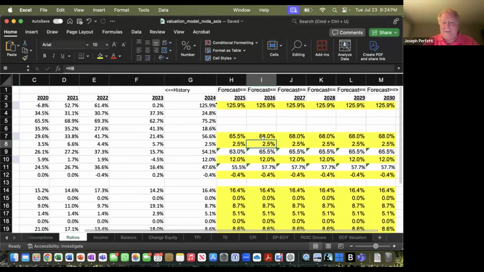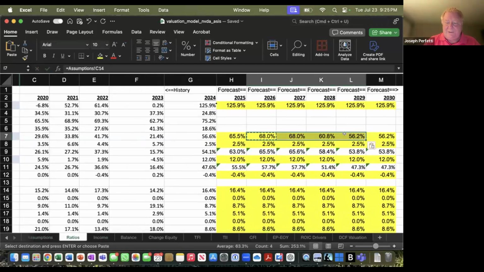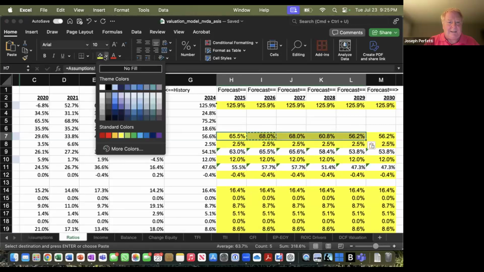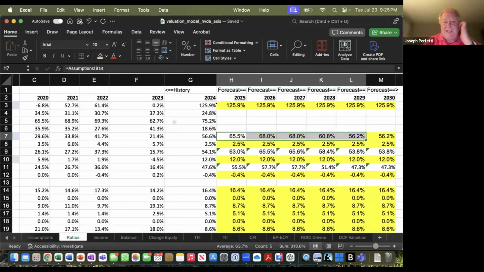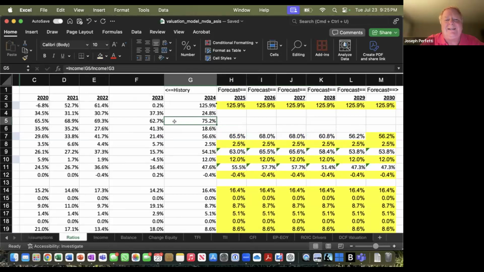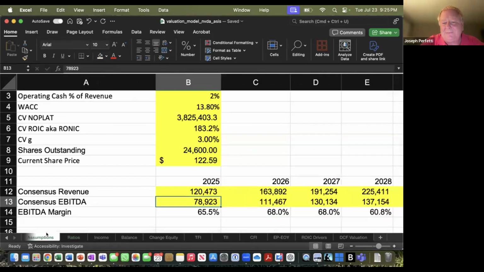And I'll just copy this over to 2029. So those, which I'm now going to take these 5 years and take out the yellow, are basically the consensus EBITDA margins that are coming from the sell side analysts.